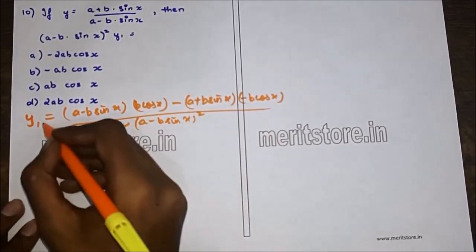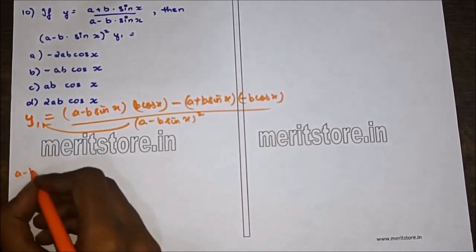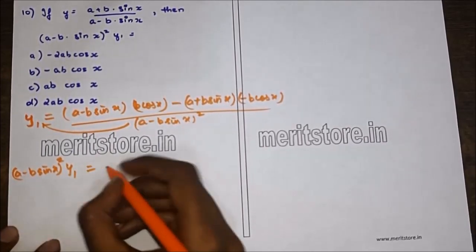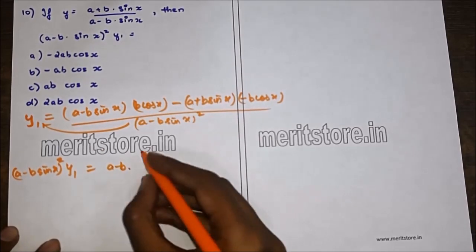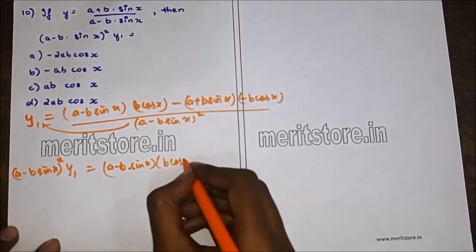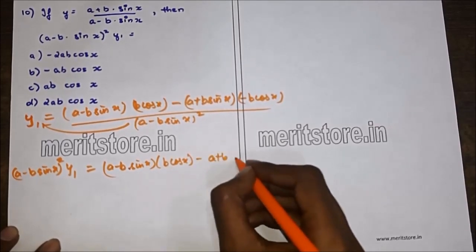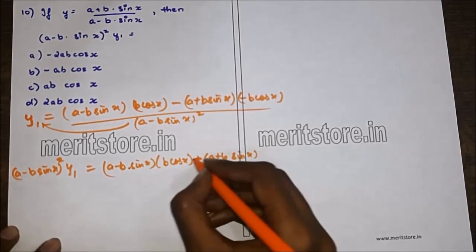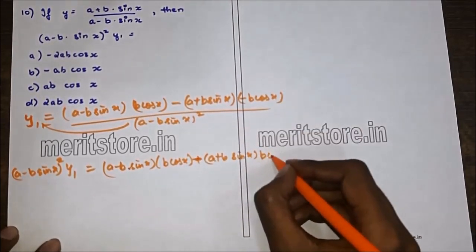We shift this term to LHS, so we get a minus b sin x the whole square y1 is a minus b sin x b cos x minus a plus b sin x. So this is plus 1, we take minus 1 common, and this is b cos x.